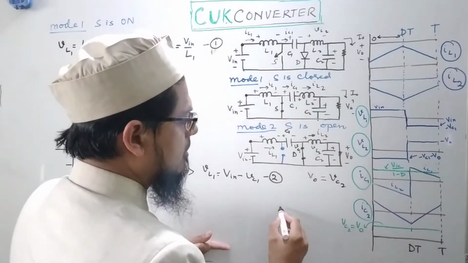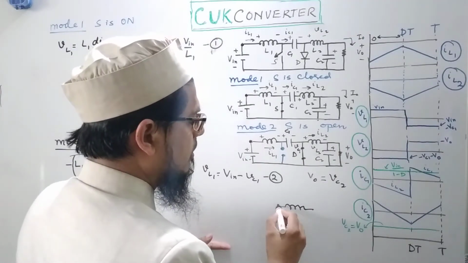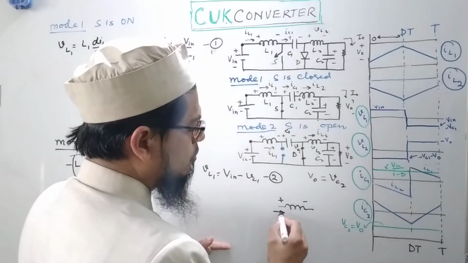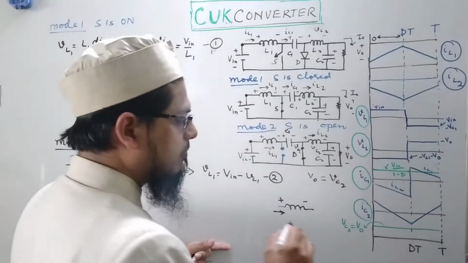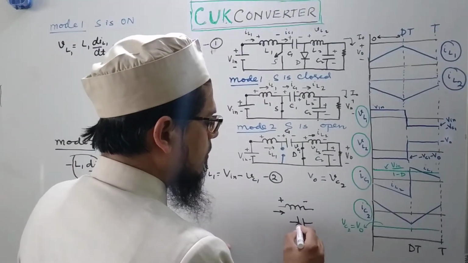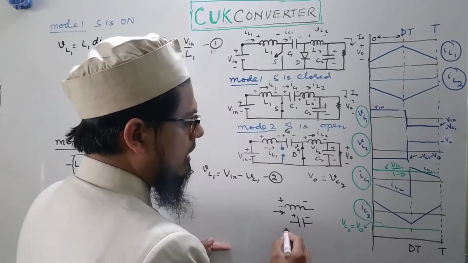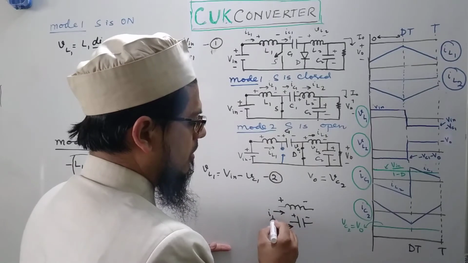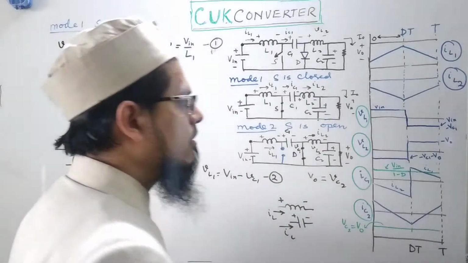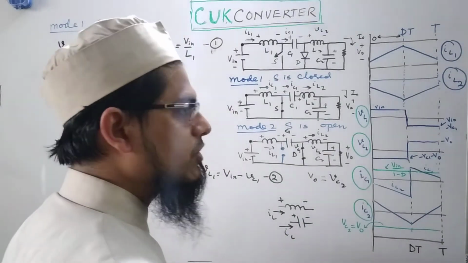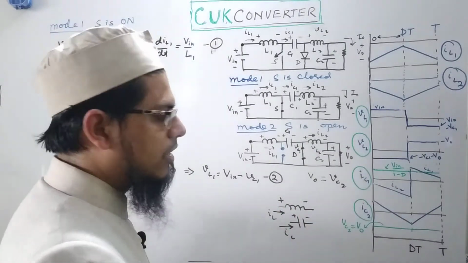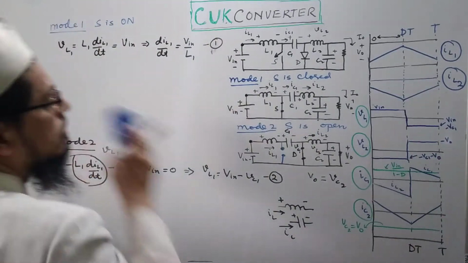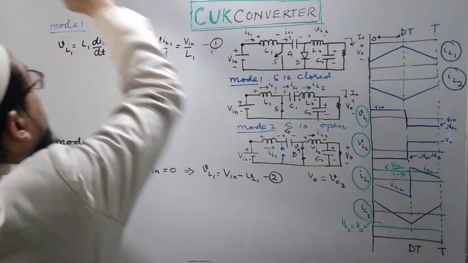So if you are showing an inductor like this and showing polarity like this, then current should enter it. And similarly, if you are showing a capacitor with this polarity, then current should be marked like this. And then you can apply the conventional sign convention to obtain KVL. So I have done the same here in this circuit.